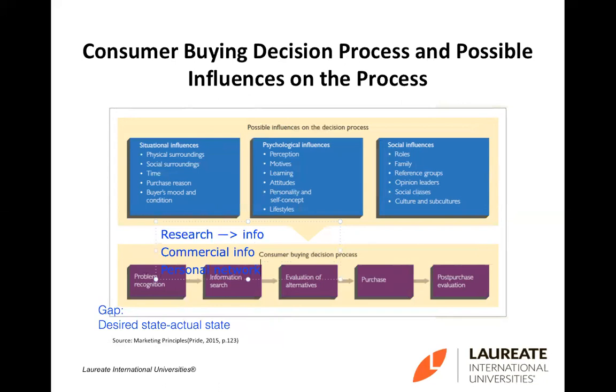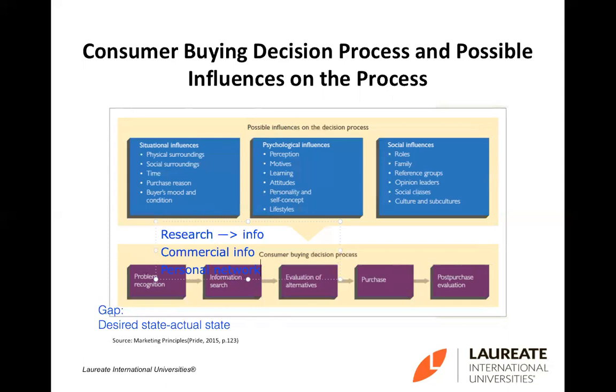The commercial information is basically the one that marketing organizations manage, such as the website, for instance. So when, let's say, you want to buy a new laptop and you do some research, you Google, and you get websites. That's when you get the commercial information, either from Apple, from Samsung, or from HP, and so on and so forth.